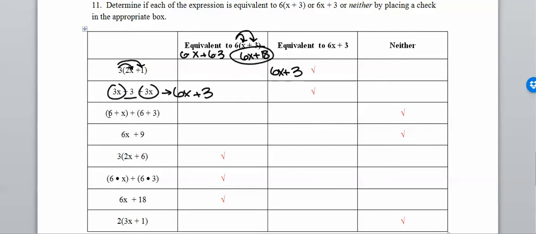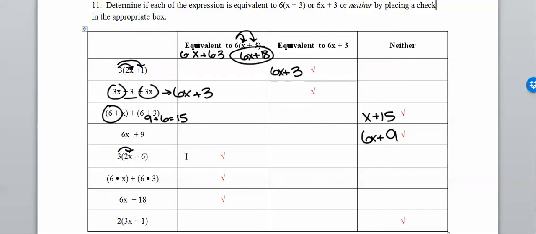Over here, 6 plus x cannot happen, but 6 plus 3 can. That gives us 9. And then we can add this 6 on, which gives us 15. So x plus 15 fits in the neither category. 6 plus 9 doesn't give you either of these, so 6x plus 9 goes in the neither category.